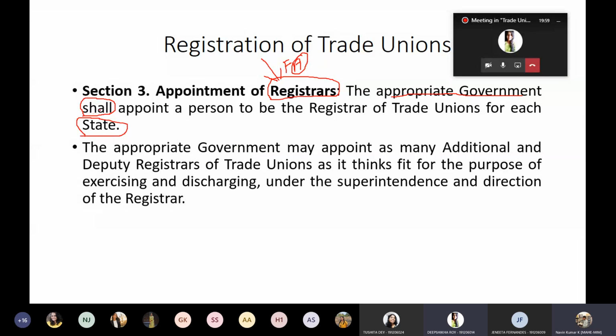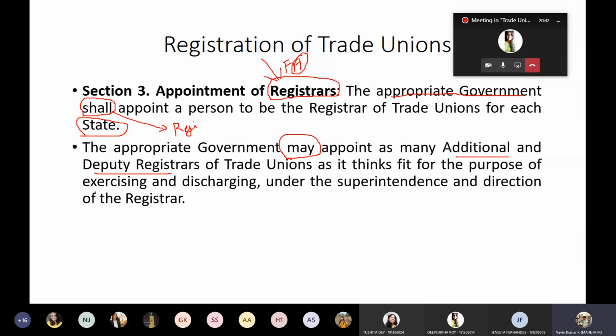See here shall appoint, here may appoint. For each state, appropriate government shall appoint a registrar. However, appropriate government may appoint any additional or any deputy registrar. In order to coordinate the functions of the union or registration, the government may also appoint additional or deputy registrars.